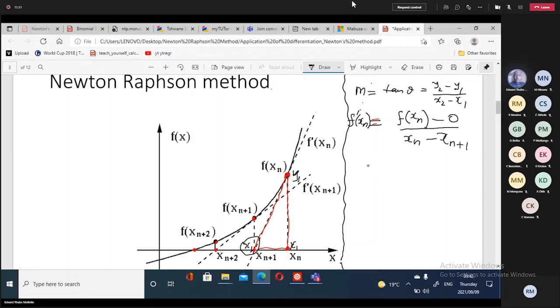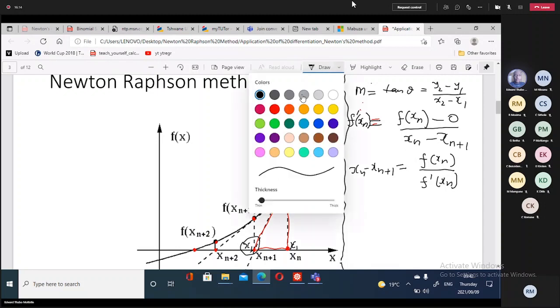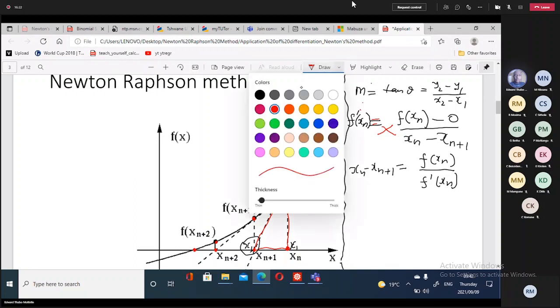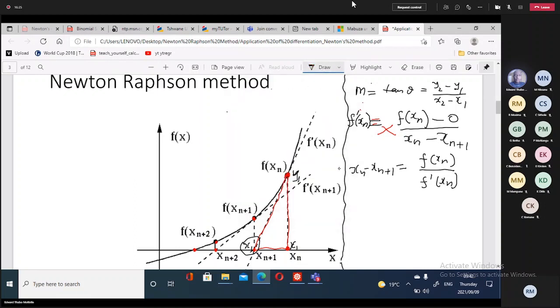Now from here we can end up with our formula. Let's write xn minus xn plus 1 equals f xn over f prime xn. I didn't do anything new that you don't know, I just cross multiplied. Now we want to make xn plus 1 the subject of the formula.